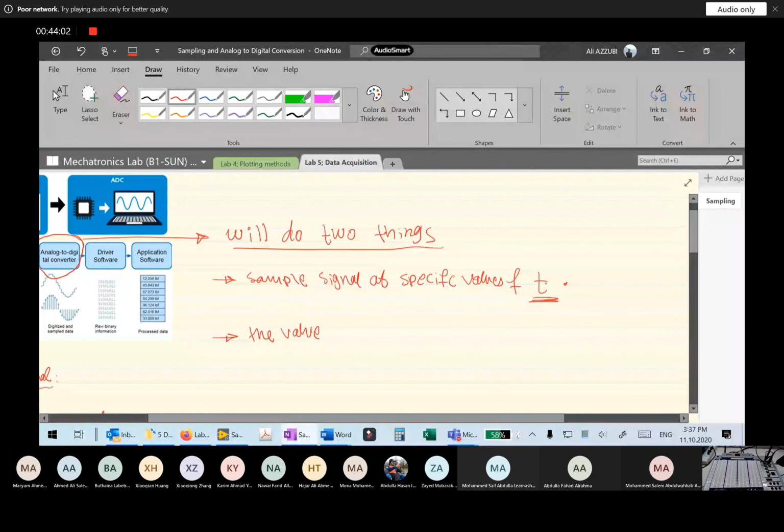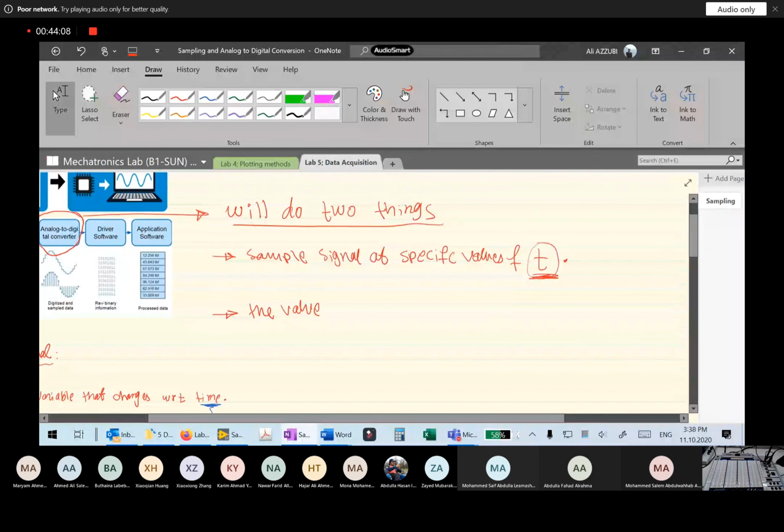Notice I have chosen only specific values of t, for reasons I'll explain.